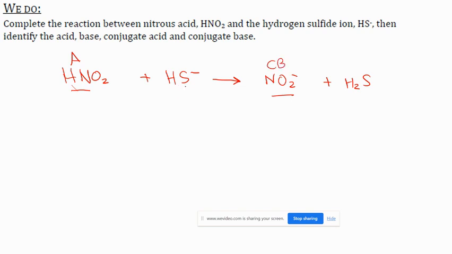Now I've got my pairs here. This guy has more hydrogen. This is my acid. This is my base. And we just call the stuff on this side conjugates. I differentiate between the two sides. Easy enough? All right. Fun times, huh?